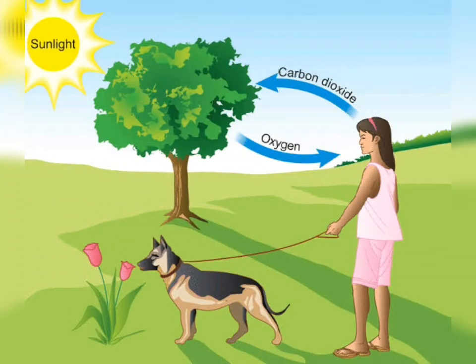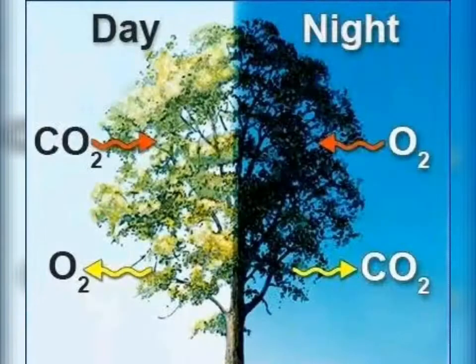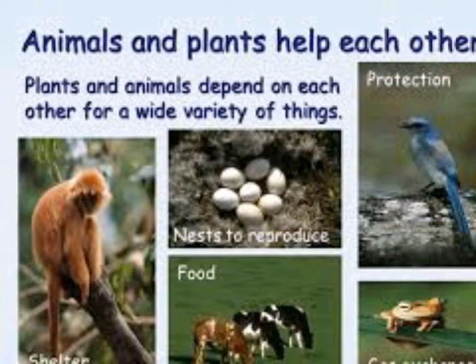Plants also take oxygen during respiration, that is during the night time, but during the daytime, plants take in carbon dioxide and give out oxygen, and that oxygen is taken by us and other animals. So this shows that all animals are dependent on plants for food, for shelter, and for oxygen. If no plants, then animals cannot survive.